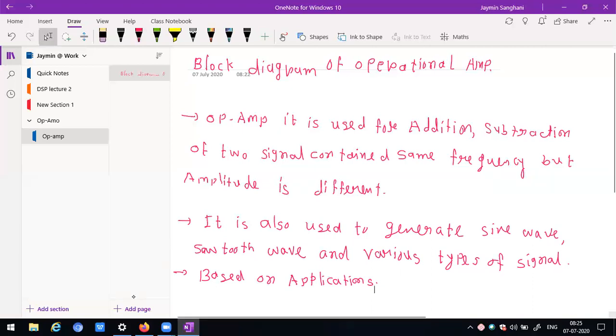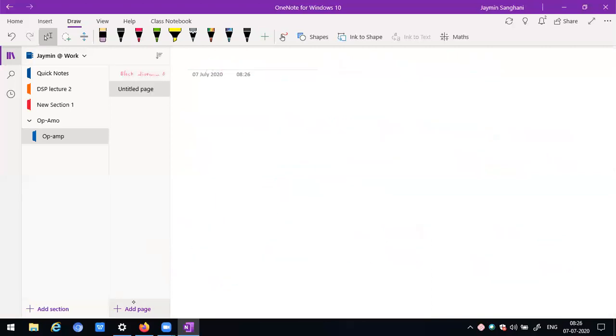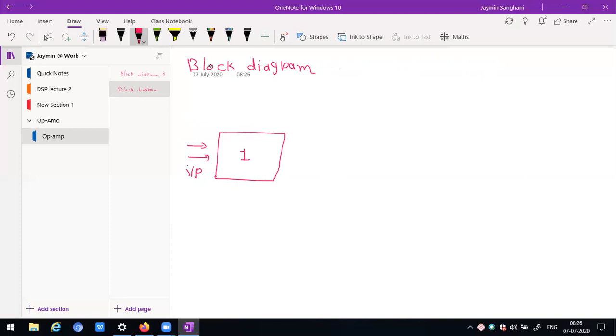Now, next point, block diagram. What is the meaning of block diagram? It contains two different inputs, and first of all it consists of block 1.